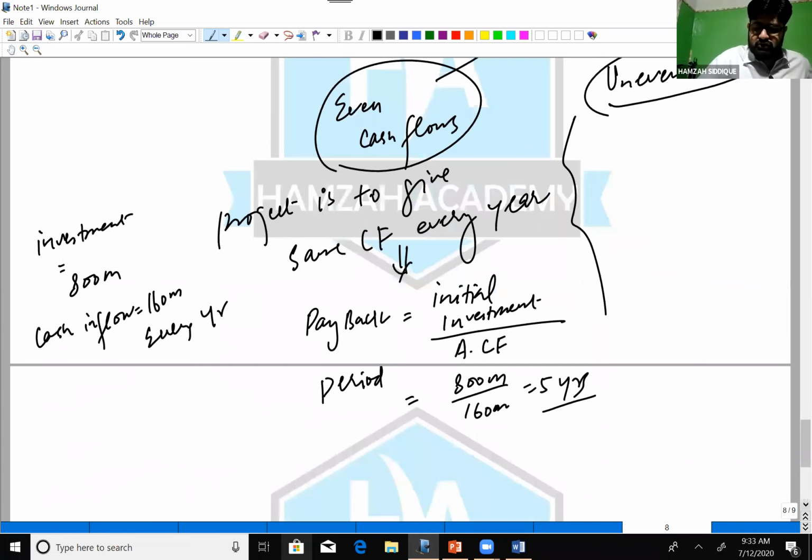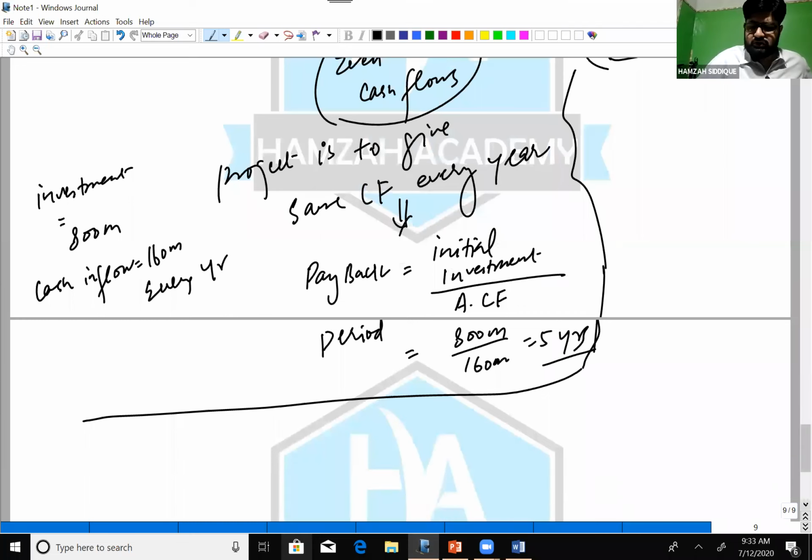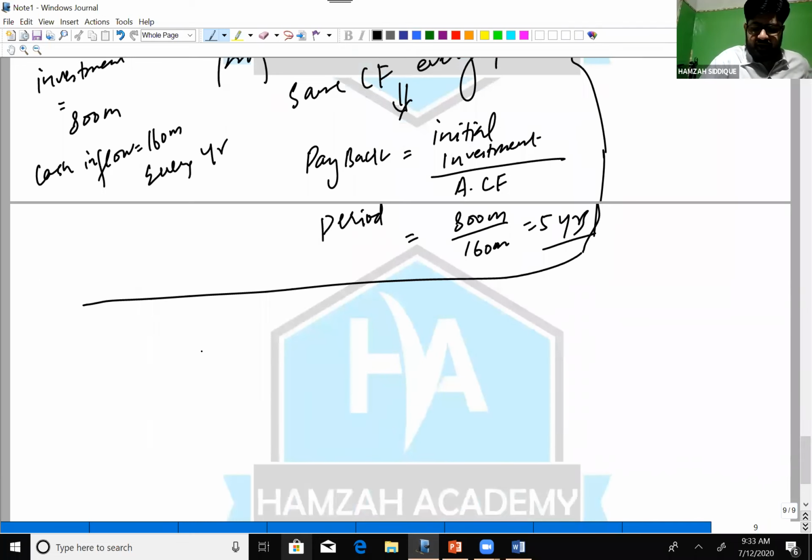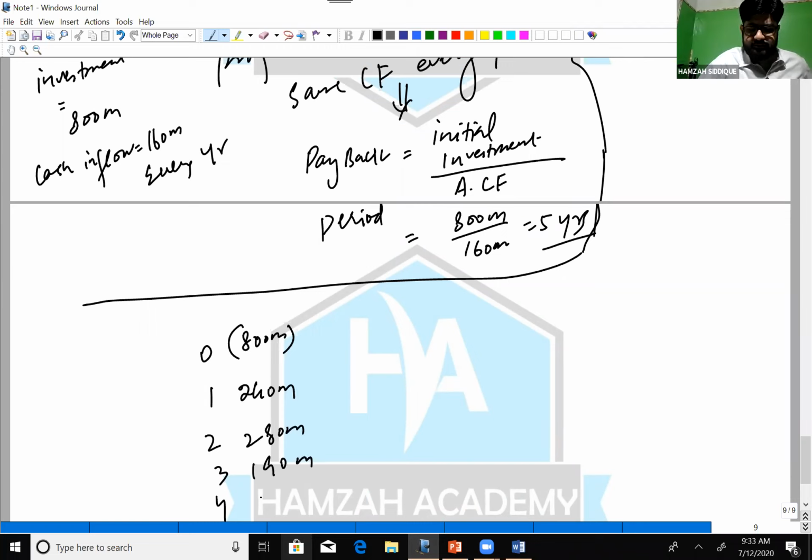So when uneven cash flows are there, you see here, for example, a project has these cash flows: 800 million initially, 240 million, 280 million, 190 million, 320 million. Now, what is the payback?